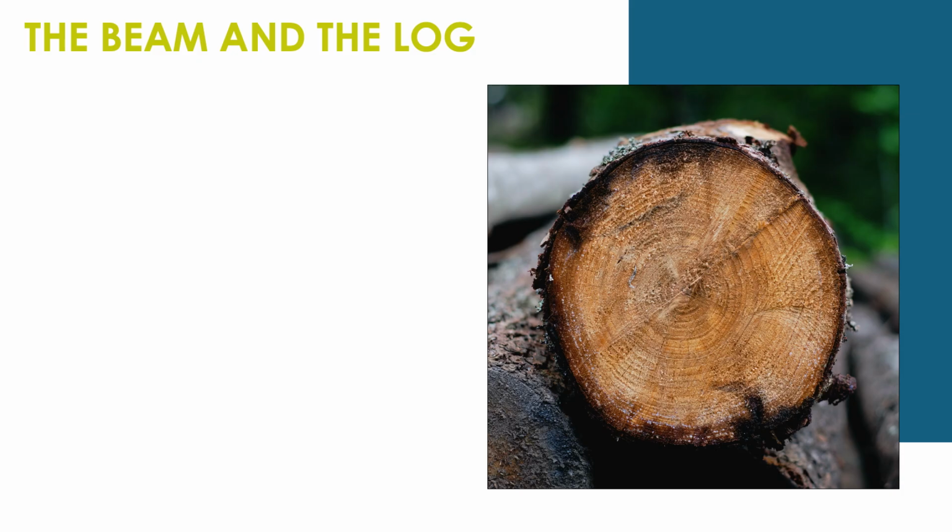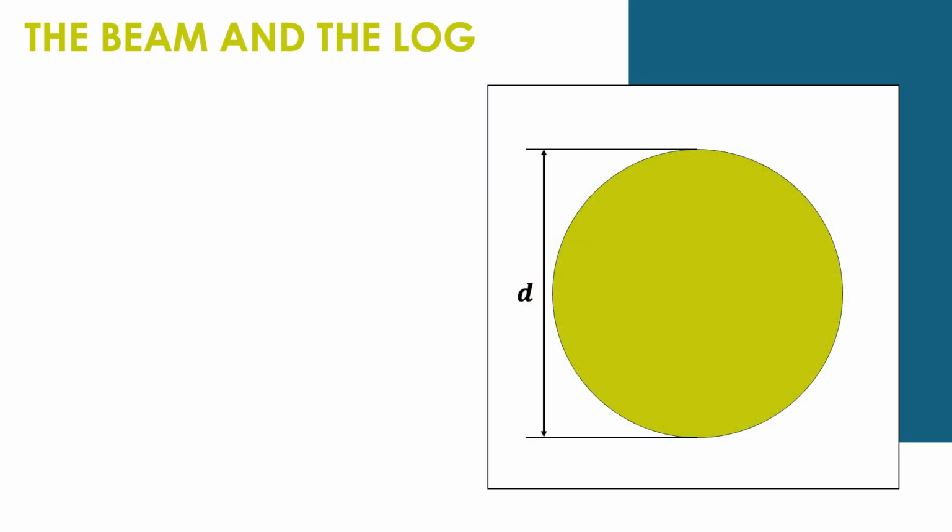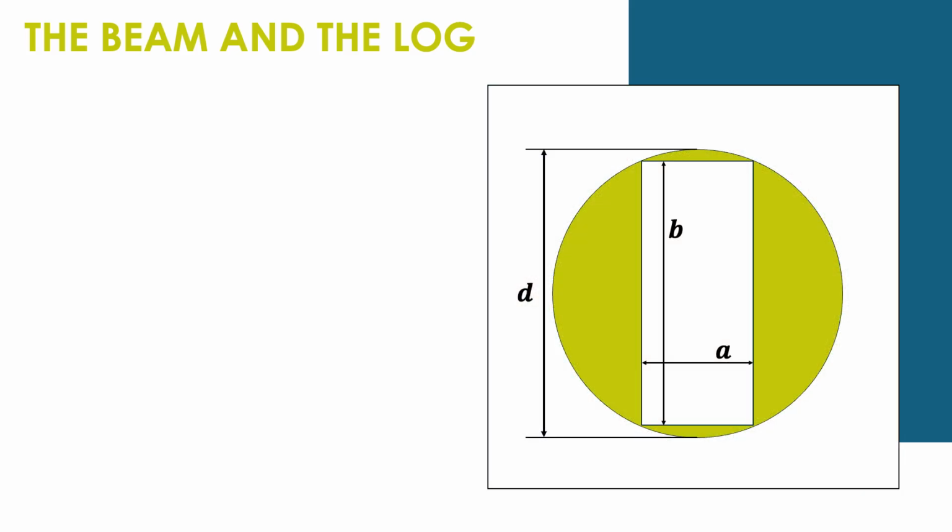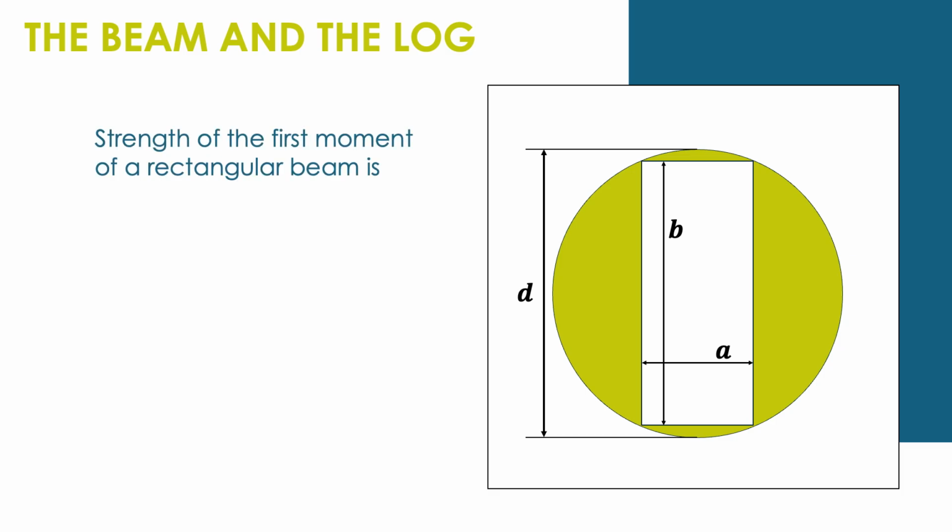Then let's look at a very simple but meaningful optimization problem where we can formulate the search for the optimal point. Let's say that we are woodcutters and someone brings us a log of a tree, and we have to cut from this circular log that has the diameter d a rectangular shape A times B. Approximately, we know that the strength of a rectangular beam S is equal to A times B squared.